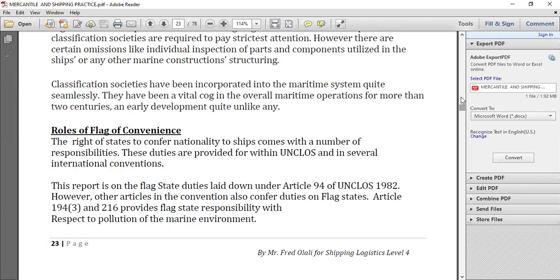Those two flags have got meanings. If you see one situated at the back or in the front of the ship, that flag shows the country where that vessel was registered. It shows the port of registry.